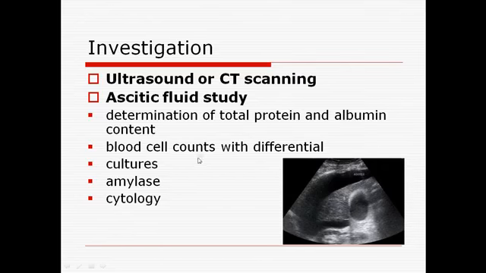If ascites is due to acute pancreatitis, amylase may be increased, and blood cell count has to be performed because of concomitant infection. And protein and albumin content have to be performed to identify whether the ascitic fluid is exudative or transudative.